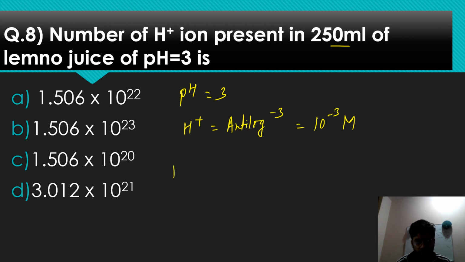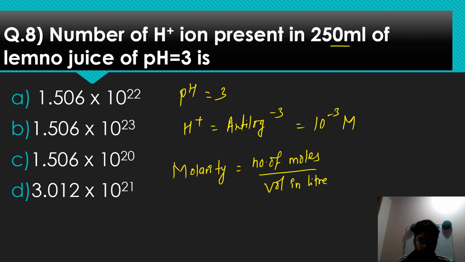And we know the molarity is the number of moles divided by volume in liters. If we want to calculate the number of moles here, molarity is 10 to the power minus 3, and the volume we have been given is 250 ml.